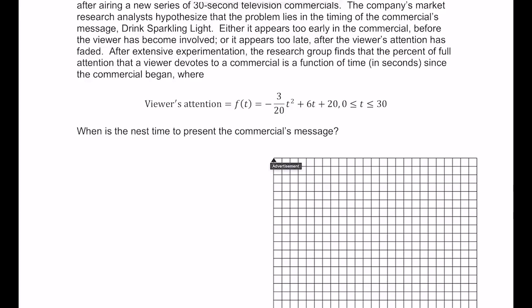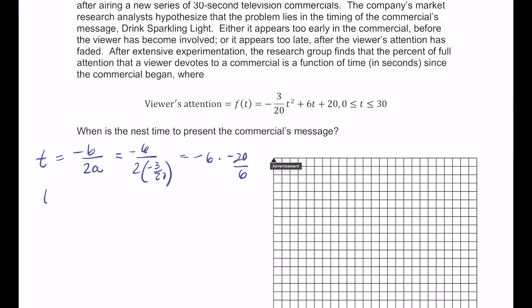And if we recall, the vertex would be x, which in this case is just t for time, negative b over 2a. And I know my b value is 6, and my a value is -3/20. And -6 divided by -6/20 is the same thing as -6 times -20 over 6.